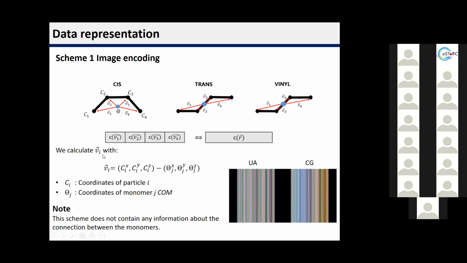We can calculate these vectors by utilizing this equation here, where with Ci we denote the coordinates of particle I, and with theta and j the coordinates of the monomer J center of mass. We have to note that this scheme does not contain any information about the connection between the monomers.